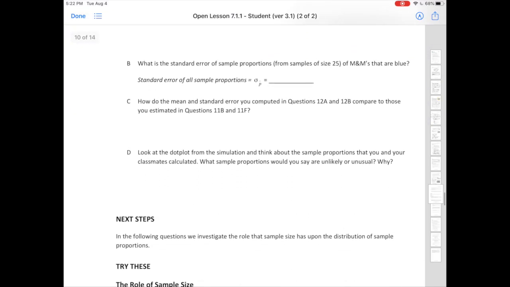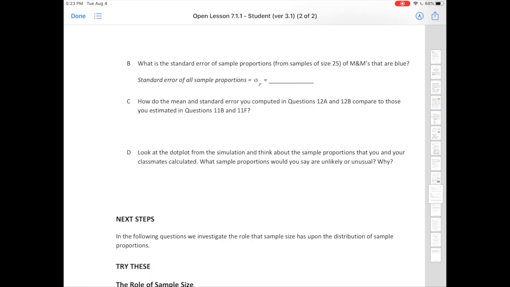What is the standard error of sample proportions of M&Ms that are blue? Again, this is going to be the standard error of all sample proportions. Now, we're not going to use what we got in the computer simulation. Remember, we got 0.086 from there? What we're going to do is calculate it on our own by using that formula.